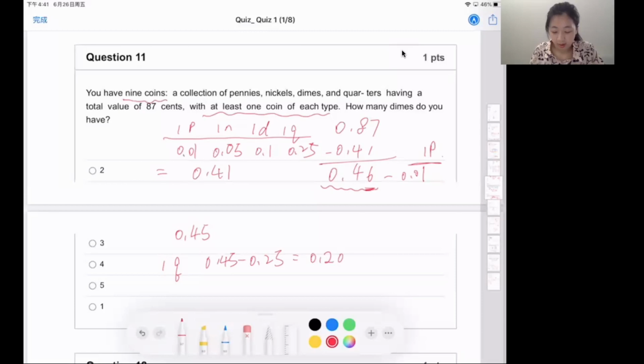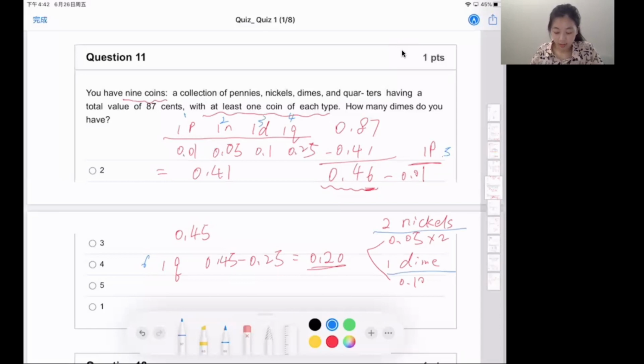Now we have already used 6 coins, so we have 3 coins left and 20 cents. So we can use 2 nickels and 1 dime to make 20 cents, right?